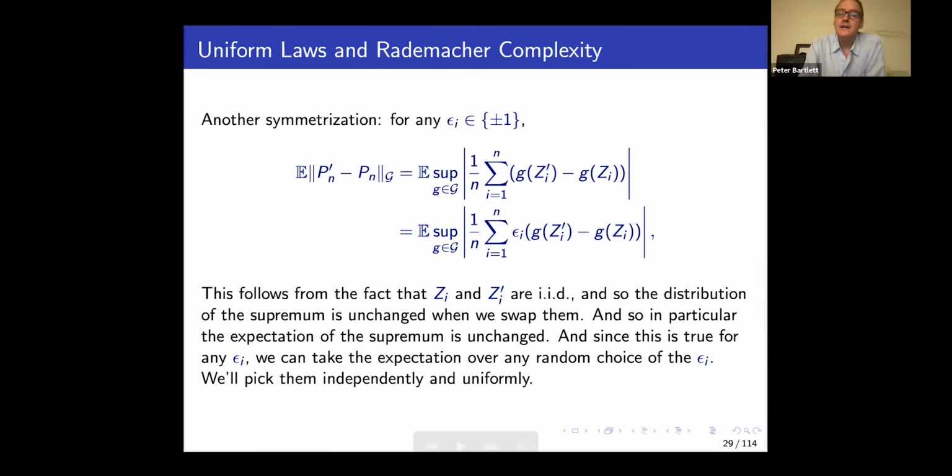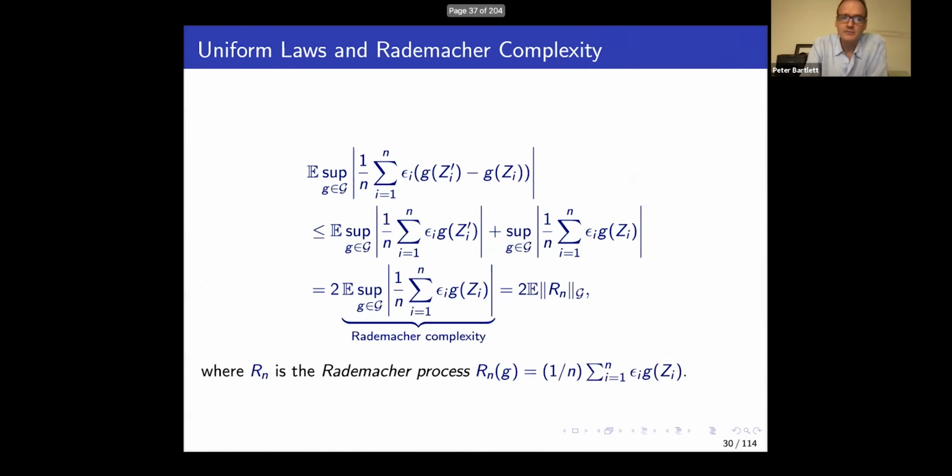Okay, so now we have all the ingredients to understand why the Rademacher complexity comes in. We showed that we've got an upper bound on our expected maximal deviation between expectations and sample averages. We could write it in terms of this ghost sample with an epsilon i in there. So now this is easy to manipulate, right?